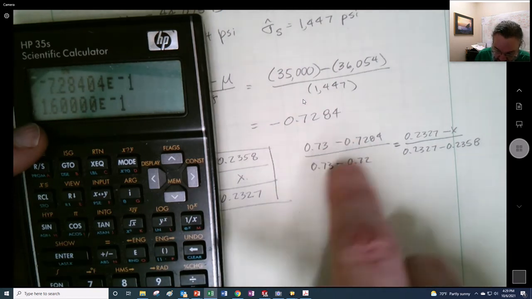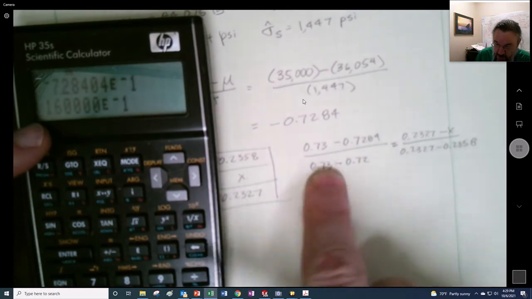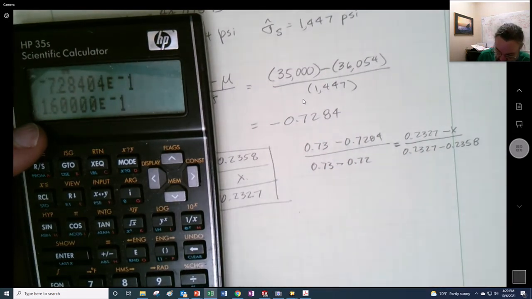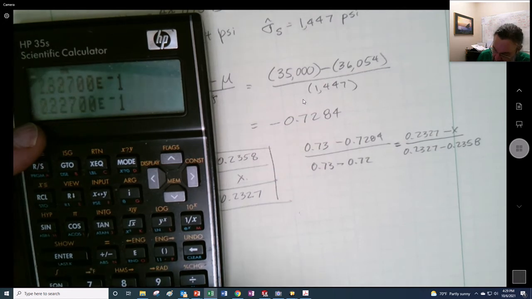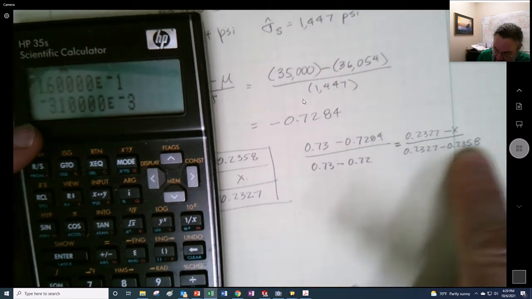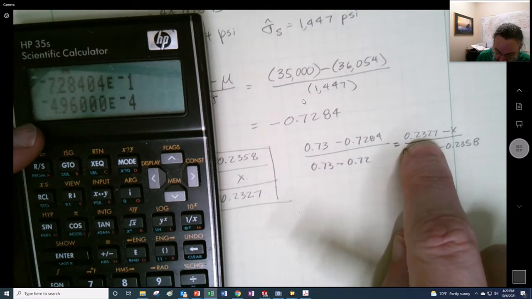So I get like, this is going to be 0.16, right? So that's like sort of like the percentage of that gap right there. We'll multiply it by this, 0.2327, 0.2358 minus, and then we're just going to multiply that. It ends up being a negative number. That's okay. I want to make sure we keep that negative correctly right here.